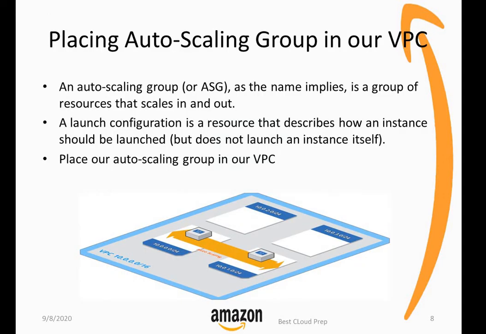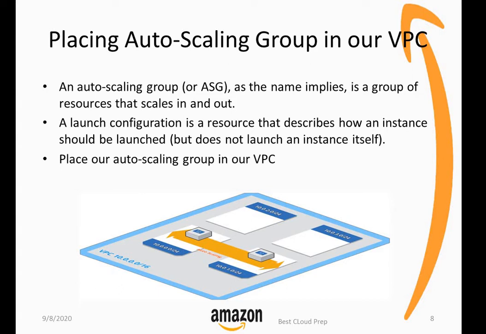Now the next step is to place the auto scaling group in our VPC. An auto scaling group, as the name implies, is a group of resources that scales in and out. Basically it adds or subtracts. In layman's terms, just remember that it adds or subtracts our EC2 instances.